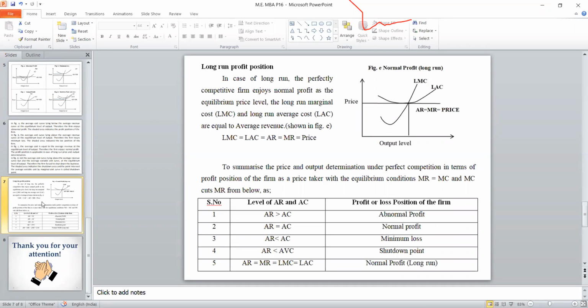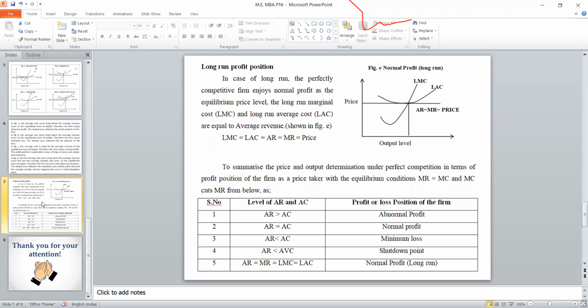Keep it in mind. In case of imperfect competition only, we should know about the cost of production, the type of product, and all these things. In perfect competition, we should only explain the price and output determination based on the profit position. Why?